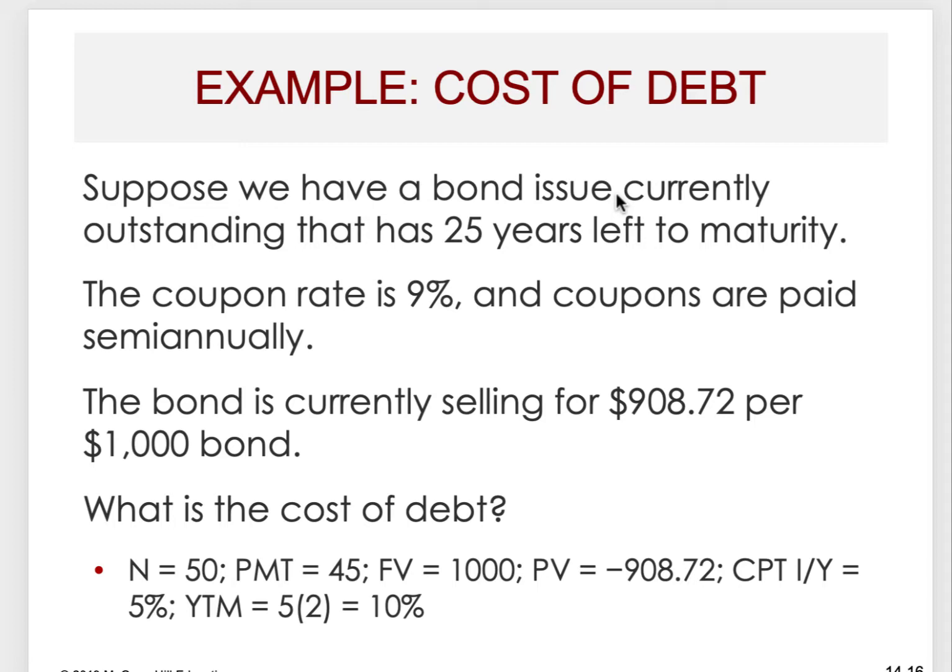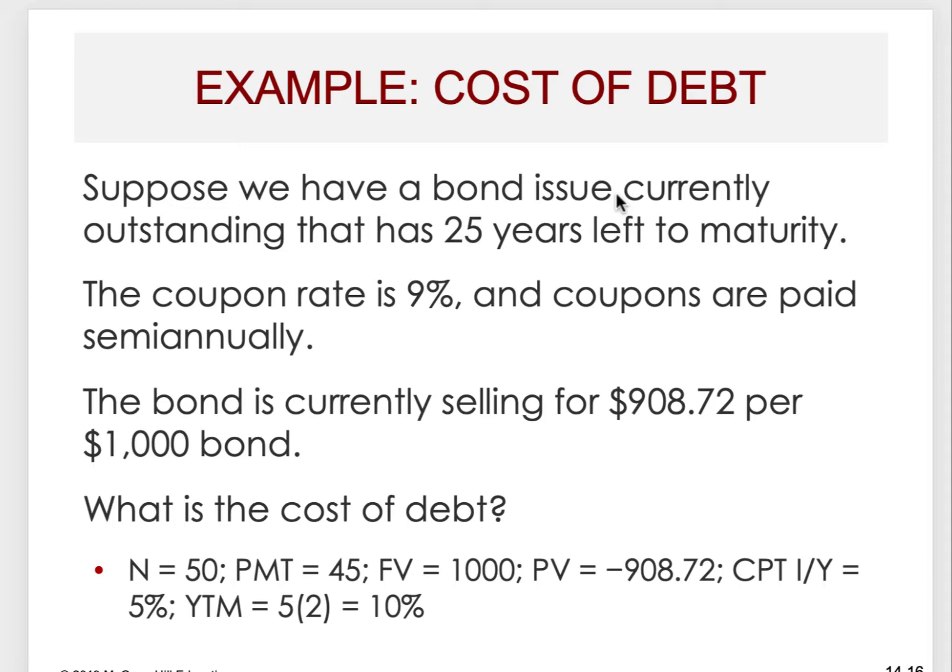We've got to pull out our financial calculators, and figure out the number of periods, the payment amount, and the future value. We know the present value. We need to figure out what the interest rate is. So we plug it into our financial calculators, compute I/Y, and we get 5%. Now we need to figure out the yield to maturity.